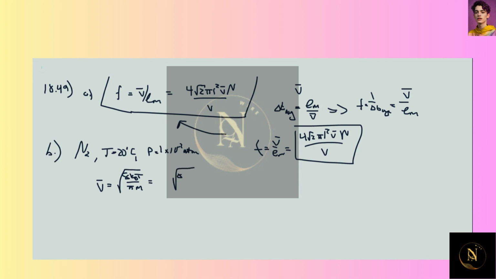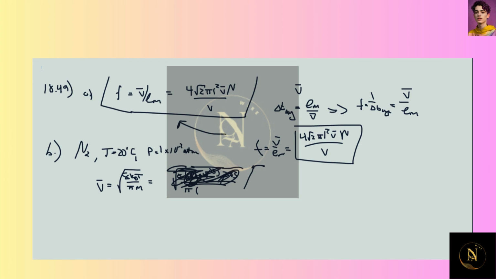So this is 8 times 1.38 times 10 to the negative 23 times 293 Kelvin all over pi times the molar mass. Actually, let's go back. Let's not calculate this yet. We don't need to. Let's plug it in.